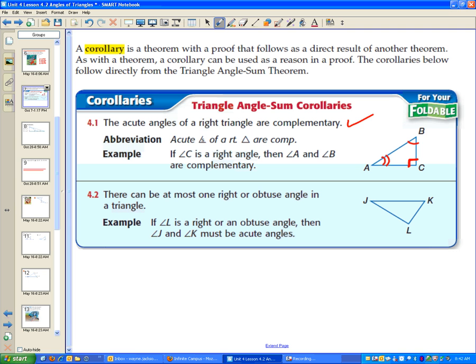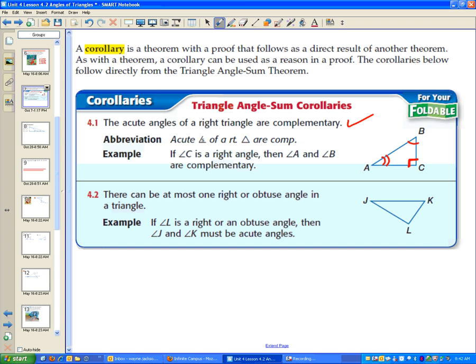There can be at most one right or obtuse angle in a triangle. This is also a result of the triangle angle sum theorem. Think about it. If there were 2 right angles, that's already 180 degrees. The third angle can't have a measure now. It would have to be 0, and if it's 0, then it's not there, is it? Okay?